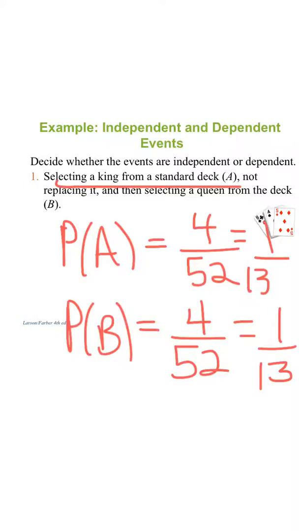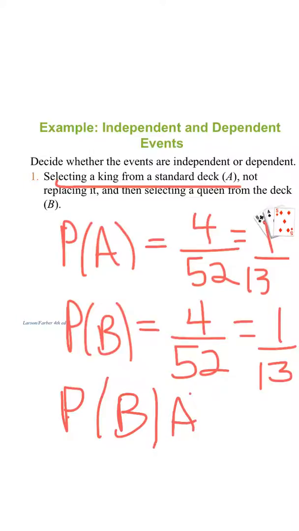Now we have to determine the probability of selecting a queen, which is event B, given that A already occurred. So the probability of event B, selecting a queen, given that a king was selected from the deck and not replaced, is 4 out of 51.